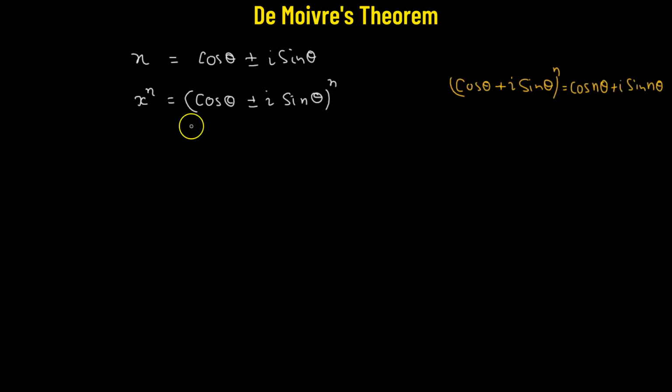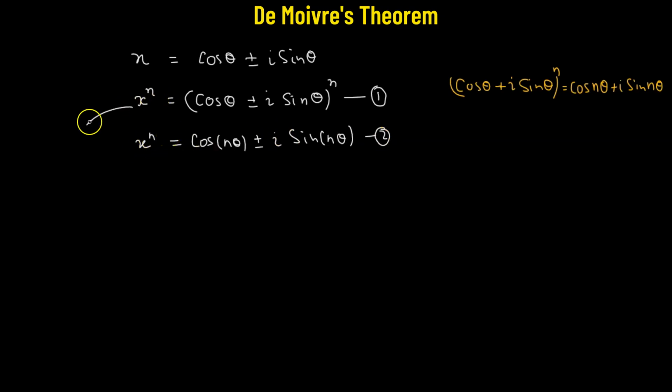Fine. That means we can rewrite our expression as cosine of n theta plus or minus, that's fine. We're going to also consider the negative value. So we have iota times sine of n theta. We're going to label this as number 1 and number 2. This is x raised to the power of n.